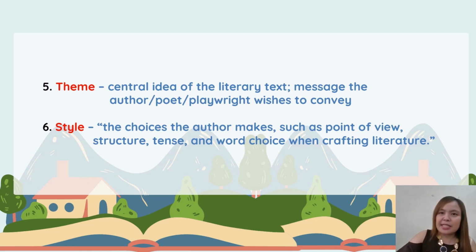But simply put, style, which can be subsumed as part of verbal elements in a literary piece, refers to the choices that the writer or the author makes, such as what point of view to use, whether he or she will decide to narrate based on the first person perspective, wherein one of the characters narrates the story based on how he or she sees it, second person perspective, or even a third person perspective, wherein there is an outsider narrating, or the so-called narrator's point of view.